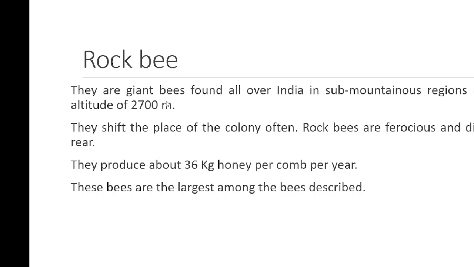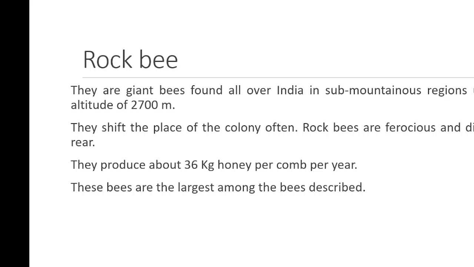One important peculiarity we have noticed about the rock honeybee is their behavior of changing the position, the place of the colony. They will be shifting it from one area to another area. This is also a protective adaptation, and they are very aggressive, and because of that the farmers are not rearing this species of honeybee.